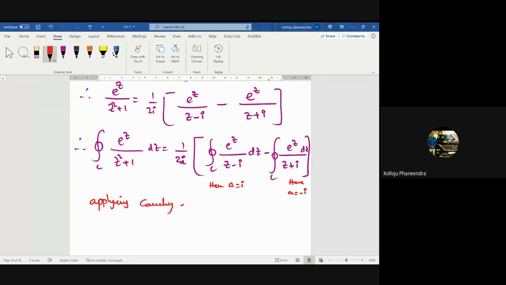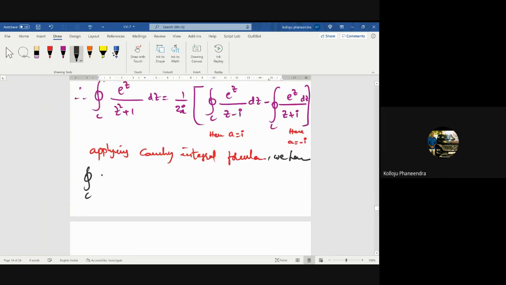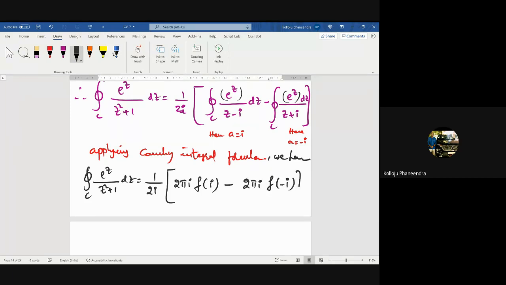Applying Cauchy's integral formula, the integral over c of e power z by z square plus 1 dz is 1 by 2i times 2 pi i into f of a, with a equal to i, minus 2 pi i into f of a, with a equal to minus i.